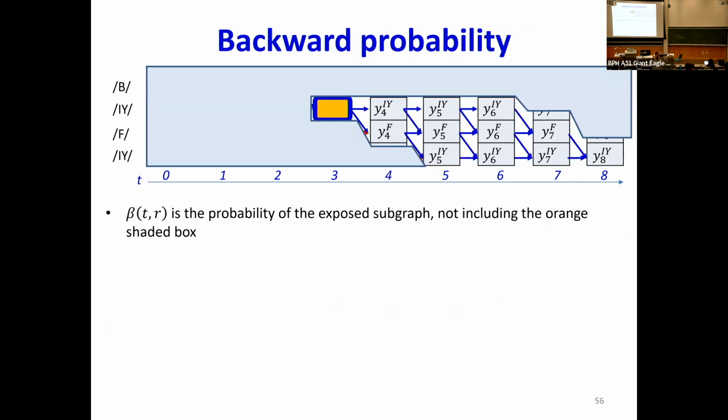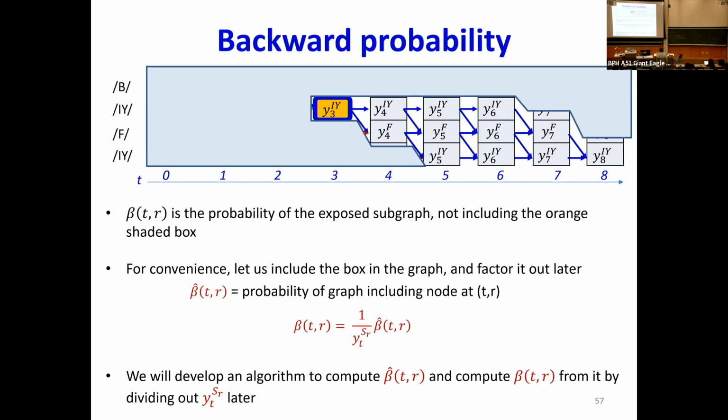But when you say except the yellow node, it introduces some complexities. So here's what we will do. I'm actually going to include the yellow node and compute my probabilities of the subgraph from and including the yellow node all the way to the end. And then once I've computed it, I'm just going to divide that probability by the probability of the yellow node itself to get it out of the whole equation.